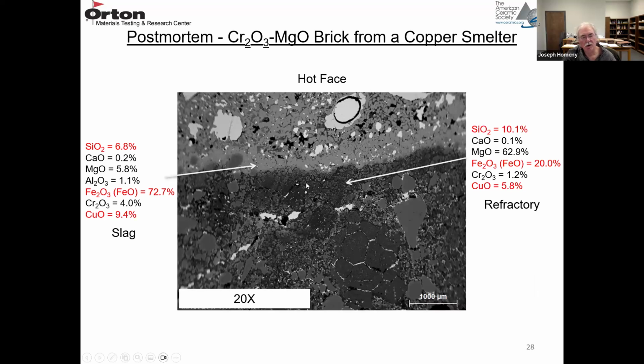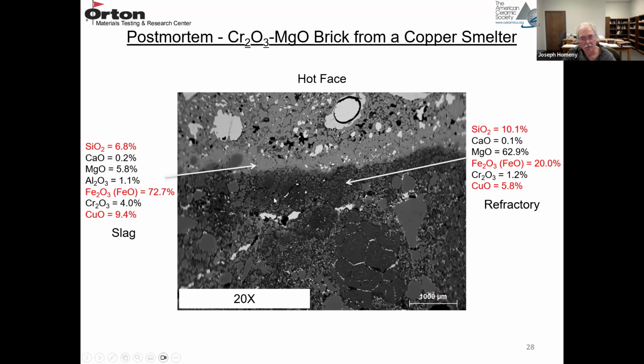And then this is more into the hot phase. This is where the slag layer stops, and this is the original refractory. So this is the slag refractory interface right here. So the slag, right opposite the refractory, has a little bit more MgO in it, but it's, again, silica, the iron oxides, and copper oxide.